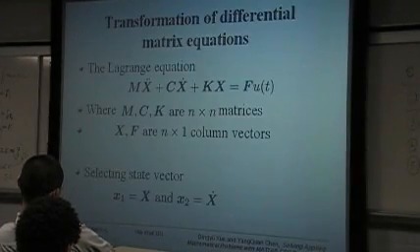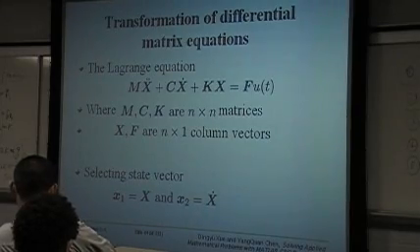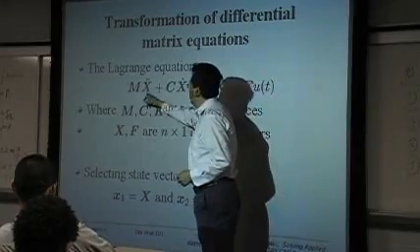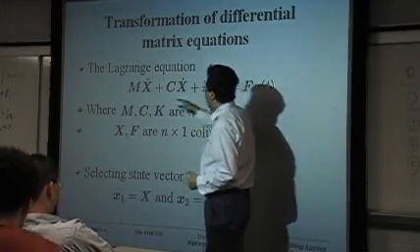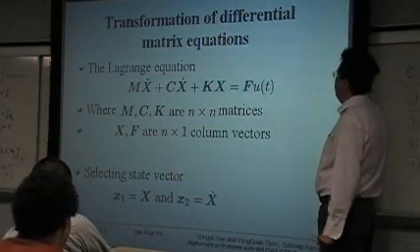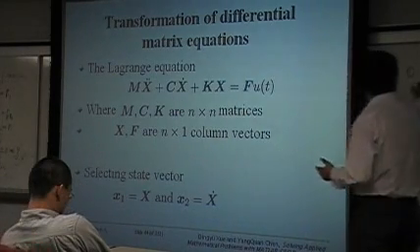And there are certain differential equations like this, matrix differential equations, where x should be a vector. This is often seen in mechanical systems. For this kind of equation, how can we solve it? How can we transform it into this form?